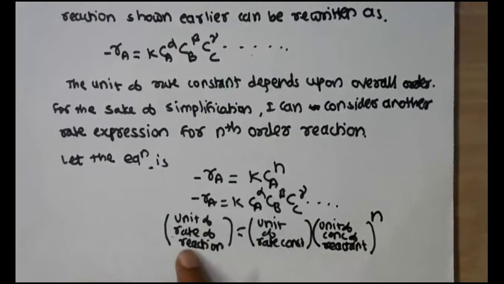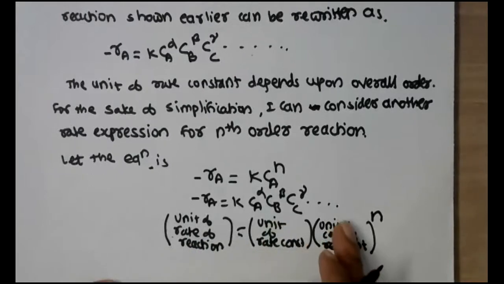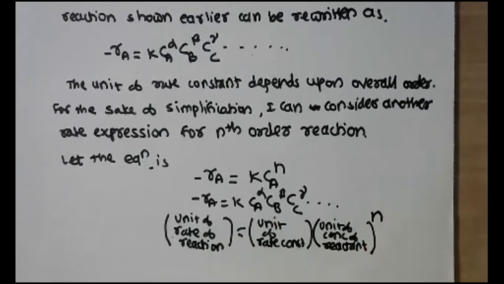So unit of rate of reaction is equal to unit of rate constant into bracket unit of concentration of reactant raised to n. And now I am interested in determining the unit of rate constant.